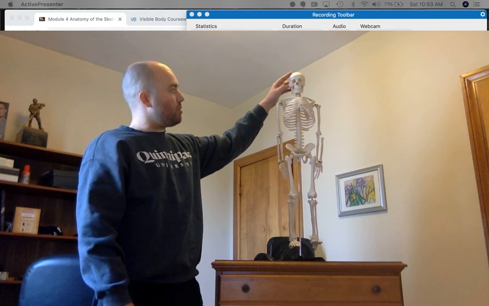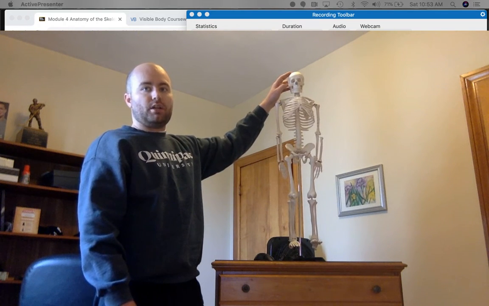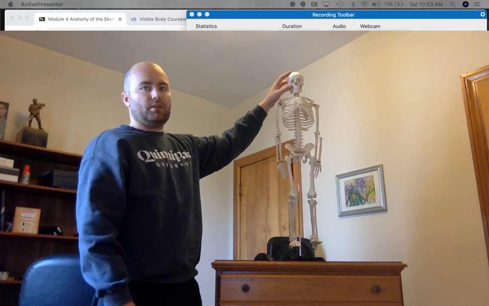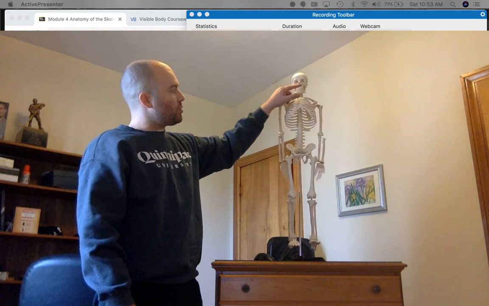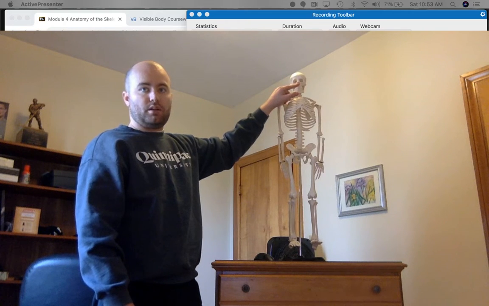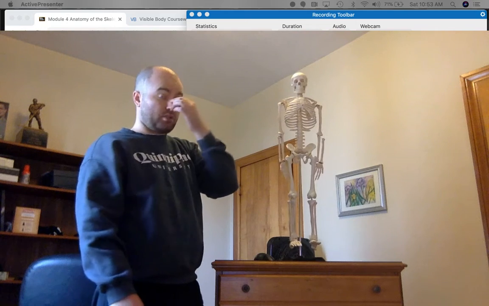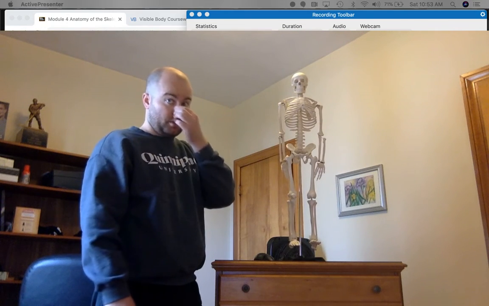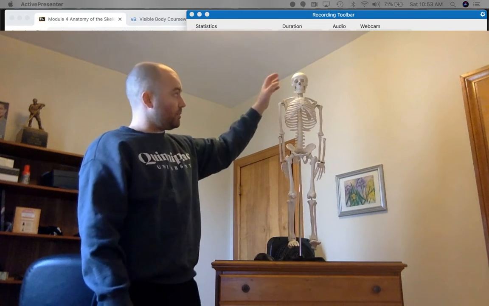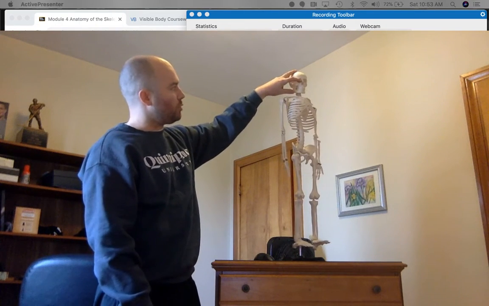The cheekbone is called the zygoma or zygomatic arch. Right in between the nasal cavity, we have the vomer. And then the bridge of the nose, bilateral, we have two nasal bones. And then where your tear ducts come out, a little hard to see, you have your lacrimal bones.